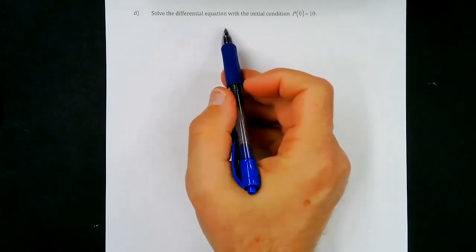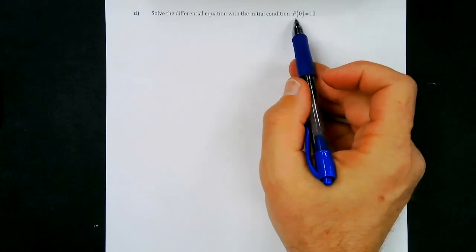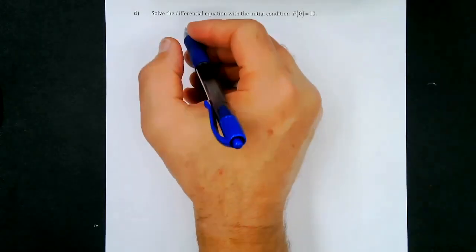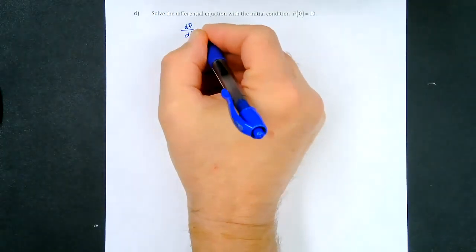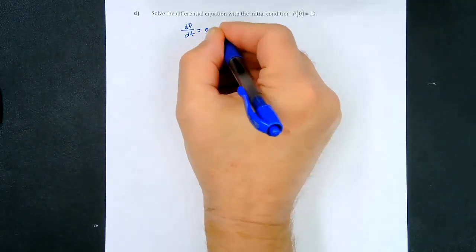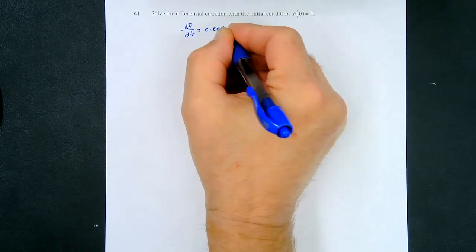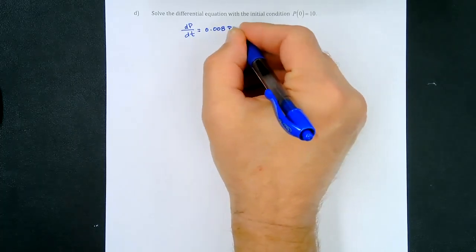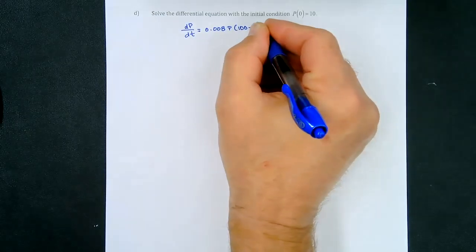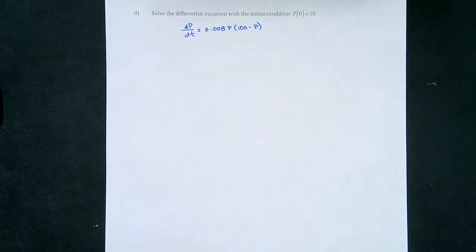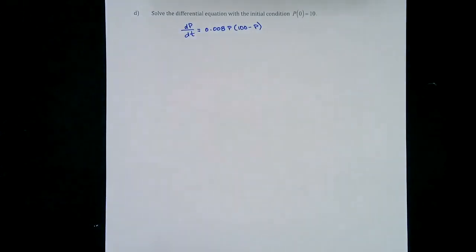So we want to solve the differential equation with the initial condition P of 0 is equal to 10. Well, we know that dP/dt is equal to 0.008 P times 100 minus P. And so what we want to do is separation of variables, right?